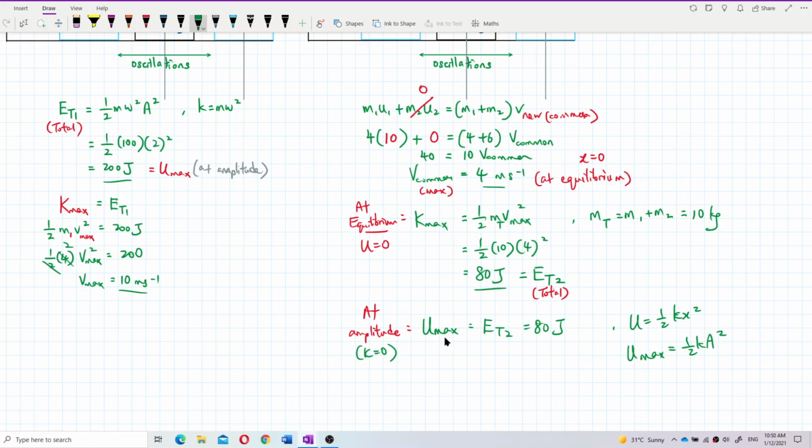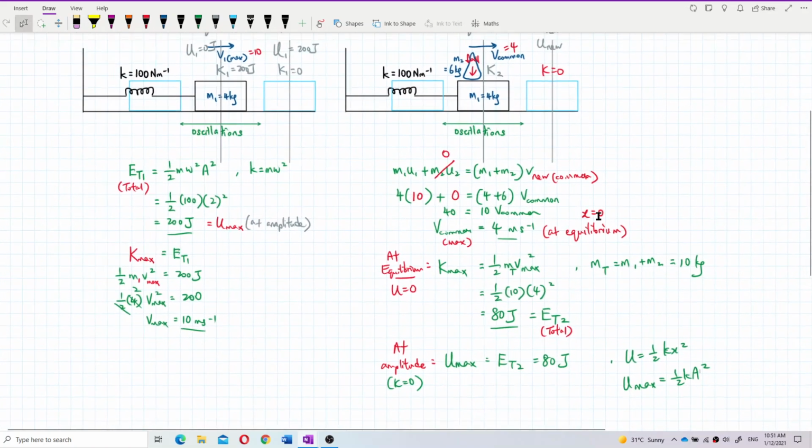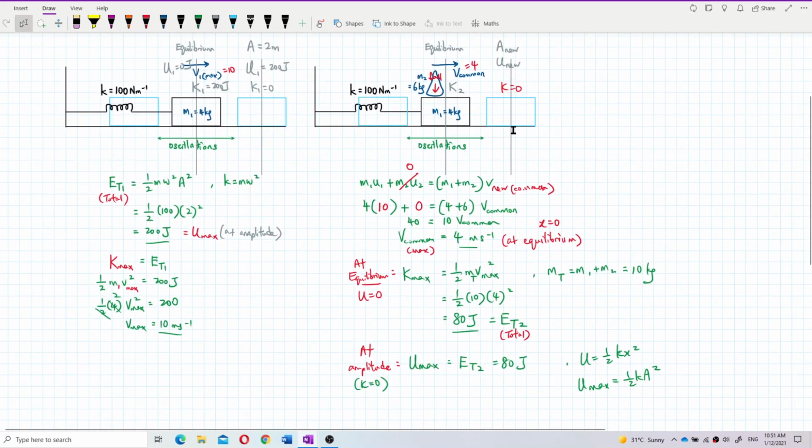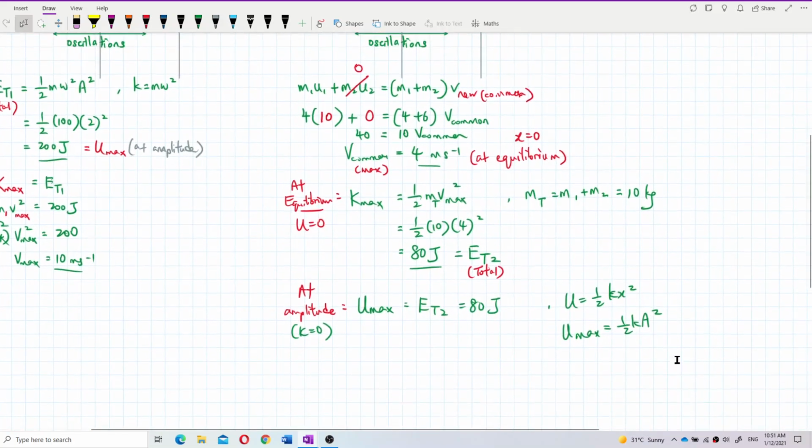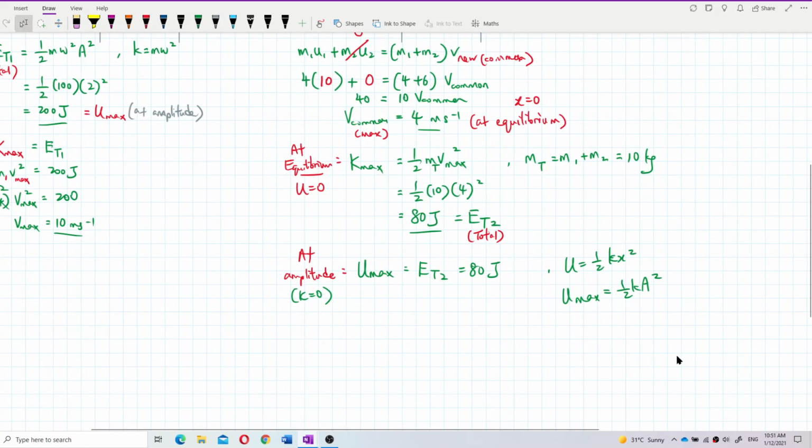So we can write that down: half k A square equal to 80 joule. Okay, so we can find the new amplitude.